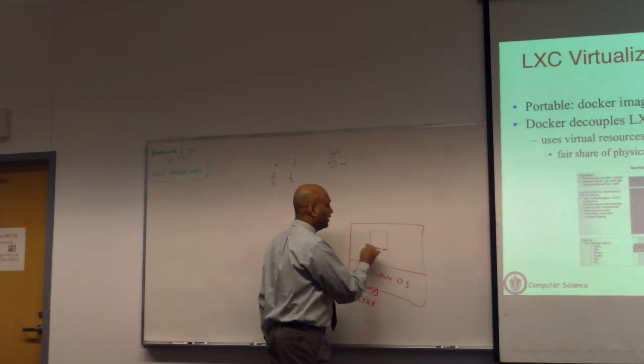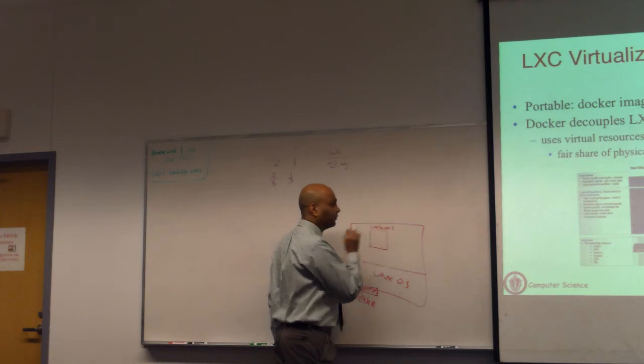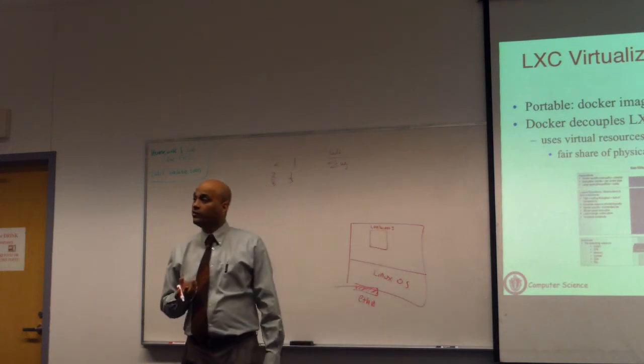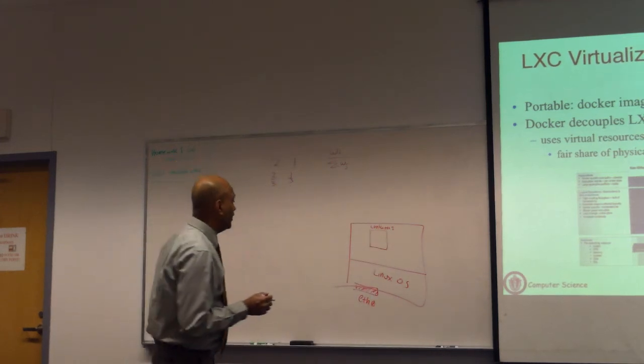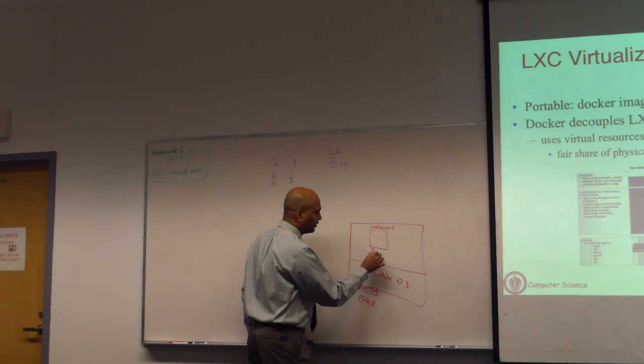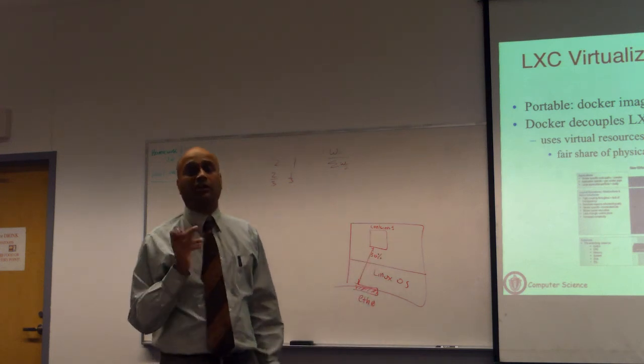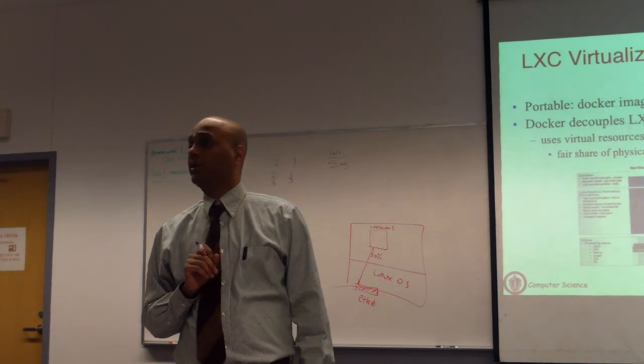So let's say I make a container here. One way I could configure this container is to say, take this Ethernet card and give this machine some fraction of the interface bandwidth. If there is a gigabit Ethernet, it gets 30% of the gigabit speed on that.